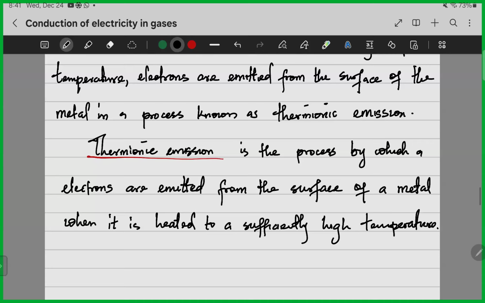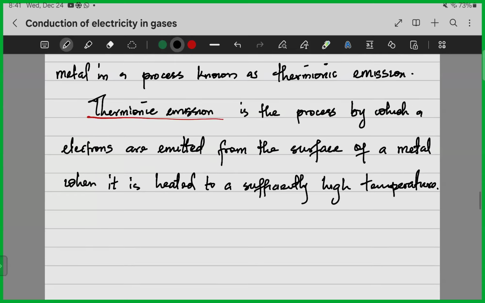That is the idea. So let's go ahead with our discussions.